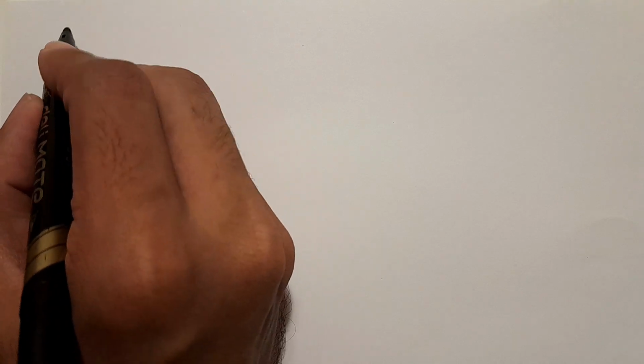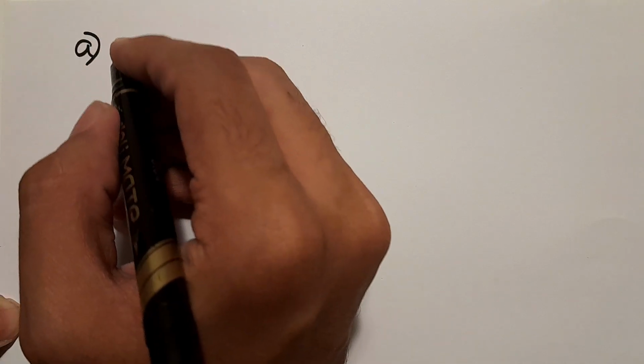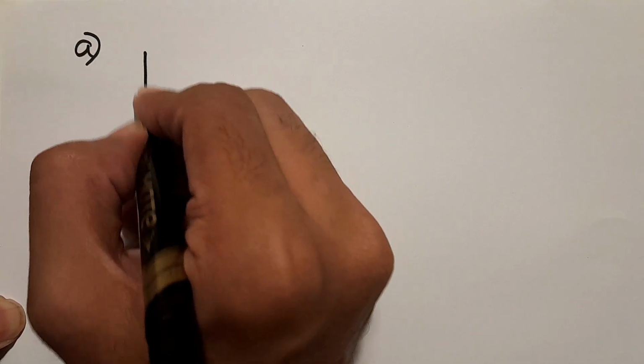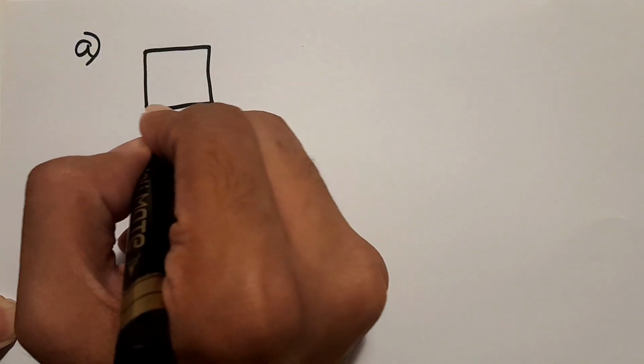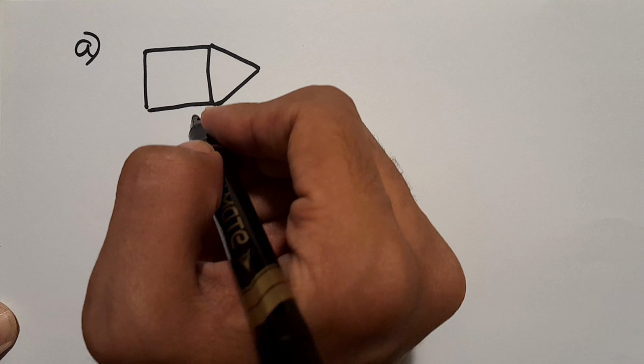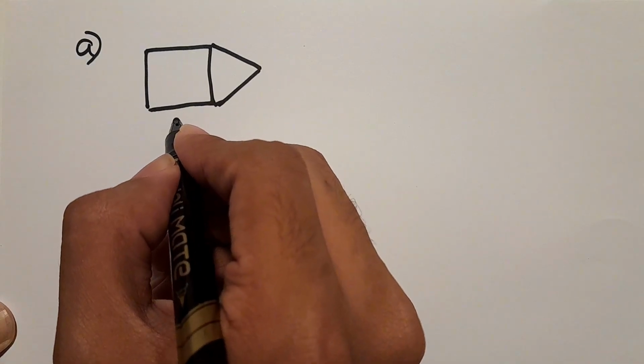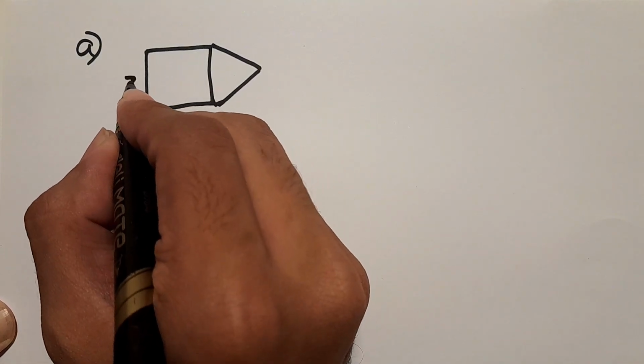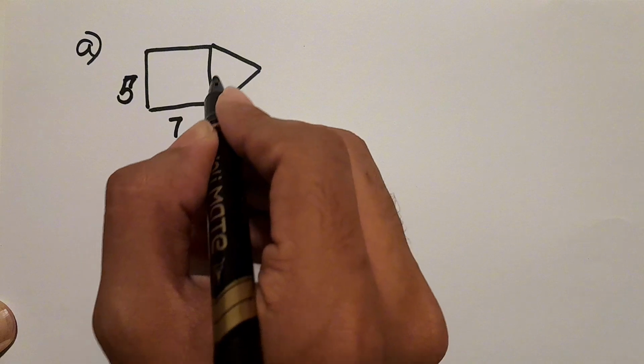So now some examples of calculating the area of a shape. For example, if we have a question like this, we have this side 7 and here 5.